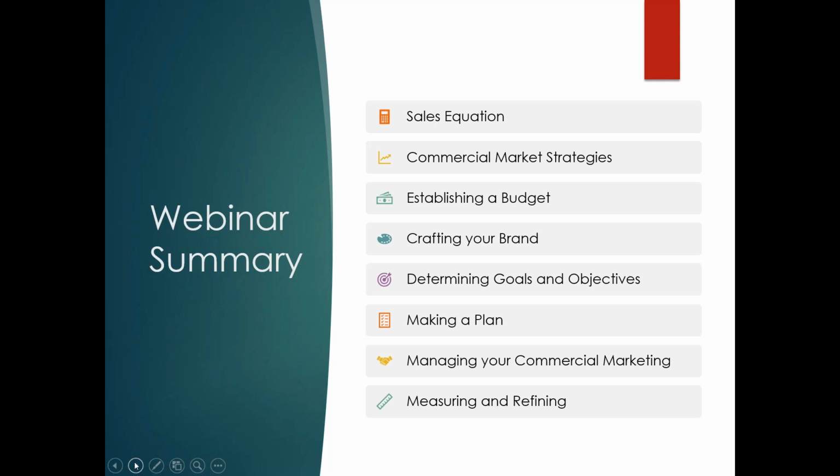This is the one area that most insurance agencies, especially with commercial, have a difficult time with because you get so wrapped up in the service aspect and handling renewals that agency principals don't always have a plan for writing new business, because you can't rely on renewals alone. You need that new business. So pretty much that's what we're going to be focusing on today.